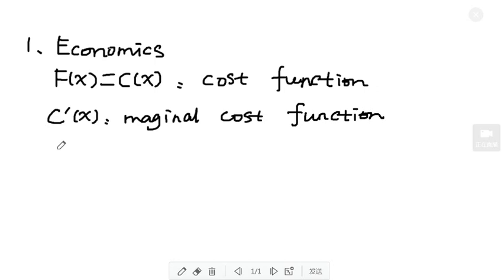Then how can we evaluate the marginal cost function from a to b? This is marginal cost, the rate of change of the cost function.